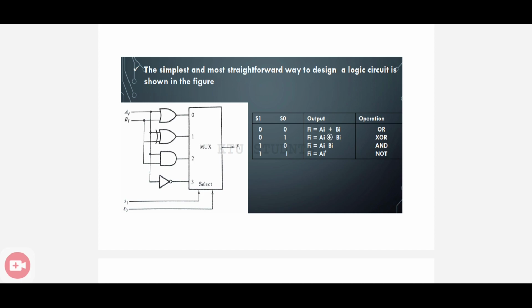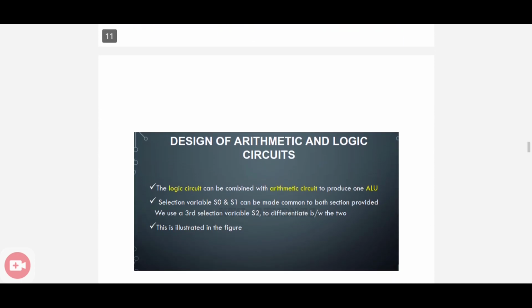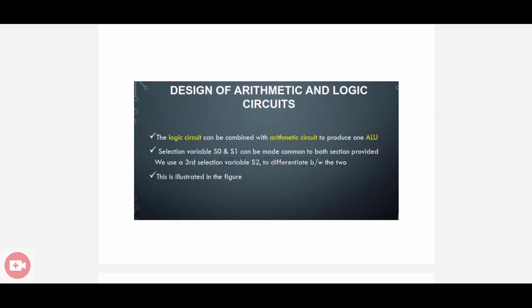Next we have to combine both the circuits, the arithmetic circuit as well as the logic circuit, for building the ALU. So logic circuits can be combined with the arithmetic circuit to produce one ALU.